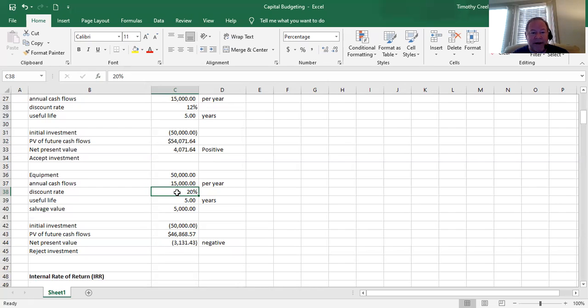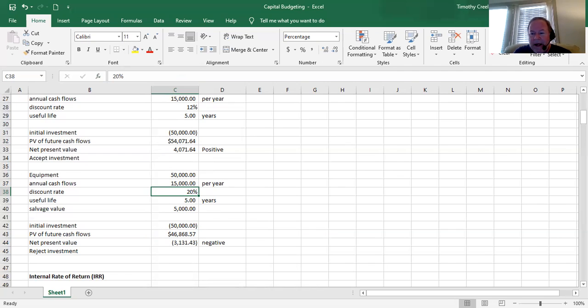And so you should reject it. Now, again, like I said earlier, the higher the discount rate that you set, the harder it is to find acceptable projects or investments that are going to give you that higher rate.